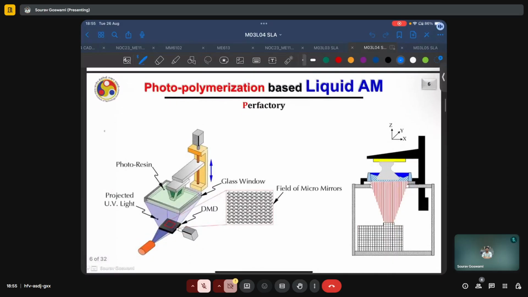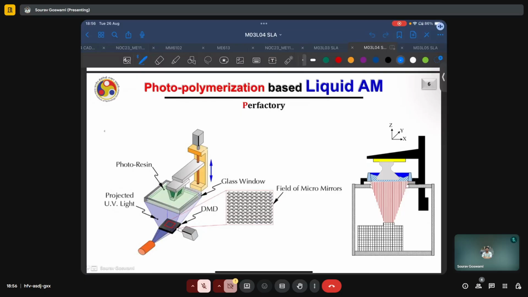The distinguishing feature, of course, is in the usage of this digital mirror device, which is actually an array of many tiny mirrors. These mirrors are suitably reflected or actuated using electrostatic coils, which then reflects the incident UV radiation onto the same resin to be printed.